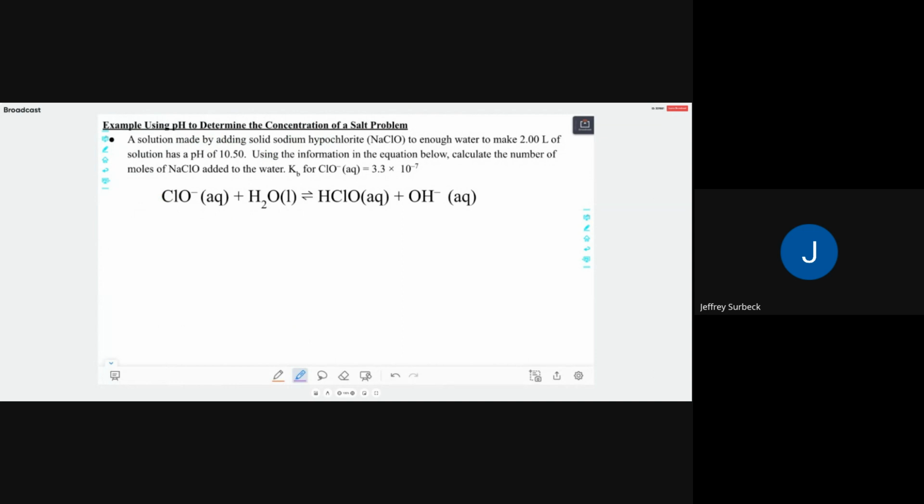Just want to highlight a few things, one of which is this: at the end, we're going to have to do something with the 2 liters. So remember that at the end, it's going to affect our final item that we have to worry about.